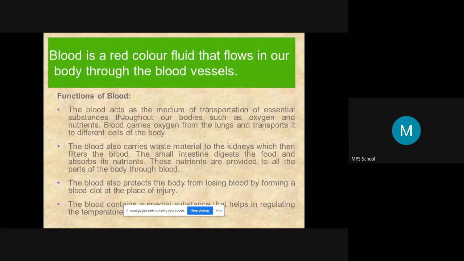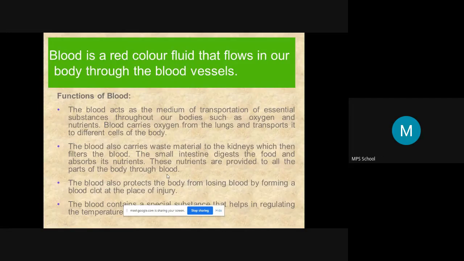So what is the function of the blood? The blood acts as the medium of transportation of essential substances throughout our body, such as oxygen, nutrients, and everything. The blood carries the oxygen from the lungs and transports it into the different cells of the body.